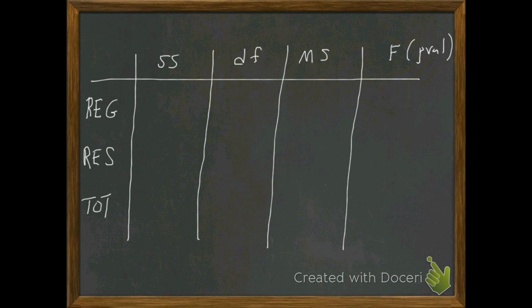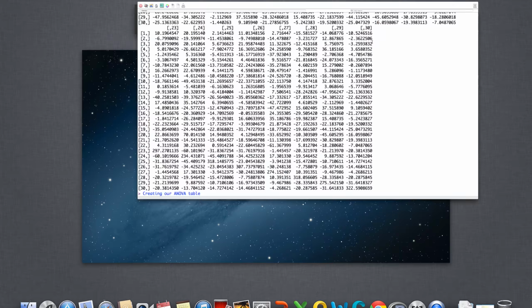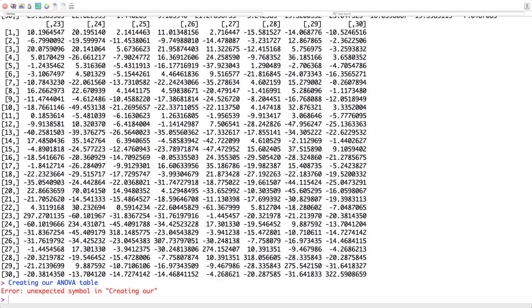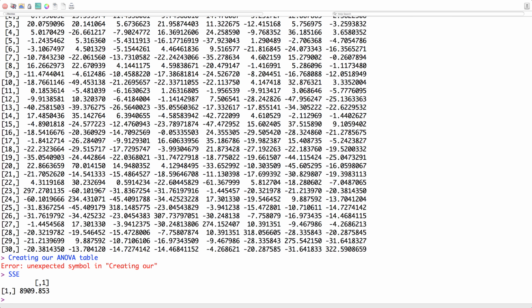Now, we already know that the sum of squares for the error is 8909.853. So I'm going to make a note of that on the blackboard under sum of squares for the residual.